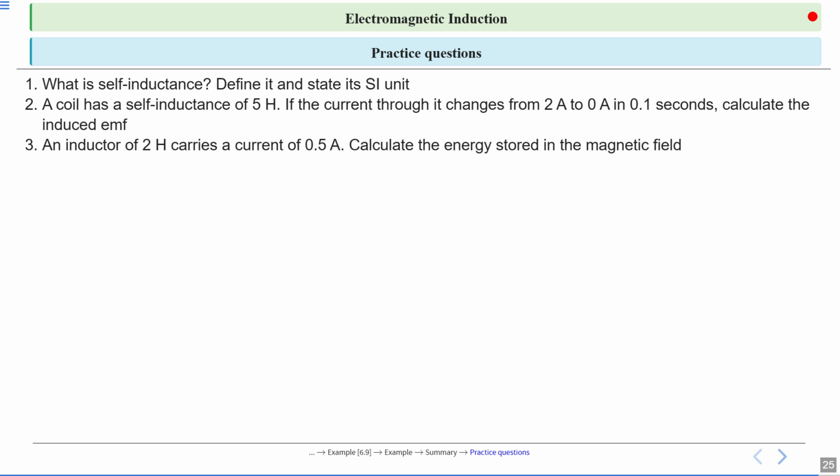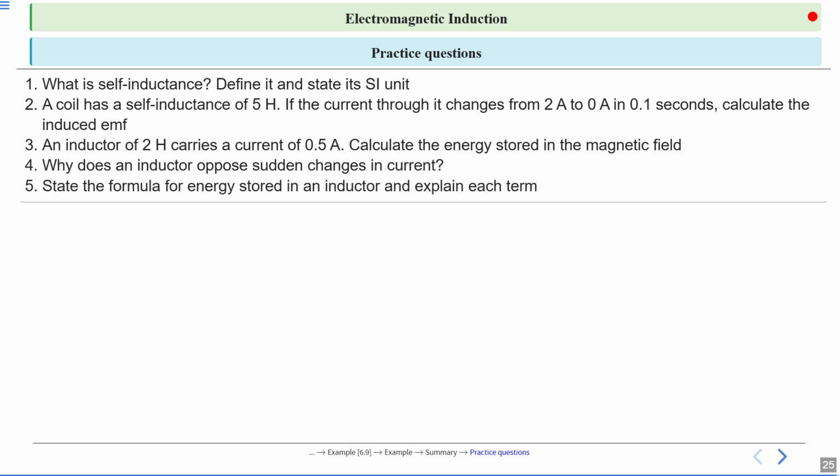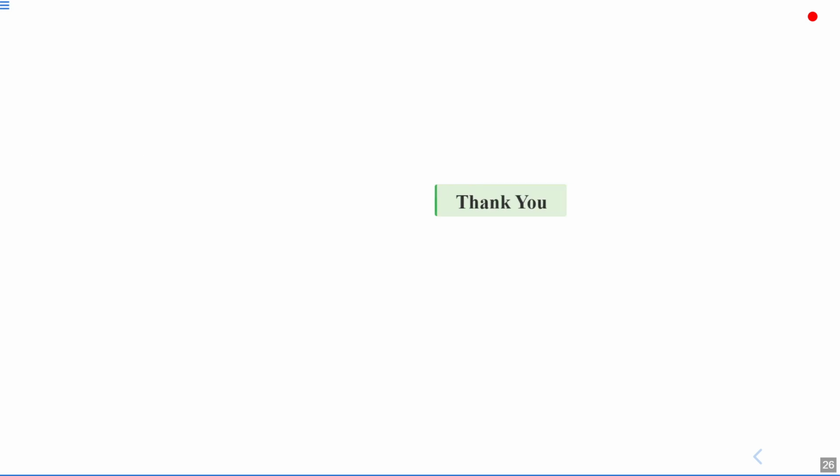Calculate the energy stored in the magnetic field. Why does an inductor oppose sudden change in current? What is an inductor? It is similar to a coil having n number of turns, wound closely. State the formula for energy stored in an inductor and explain each term. So this is all about today's lecture, but we have to do the DPP.